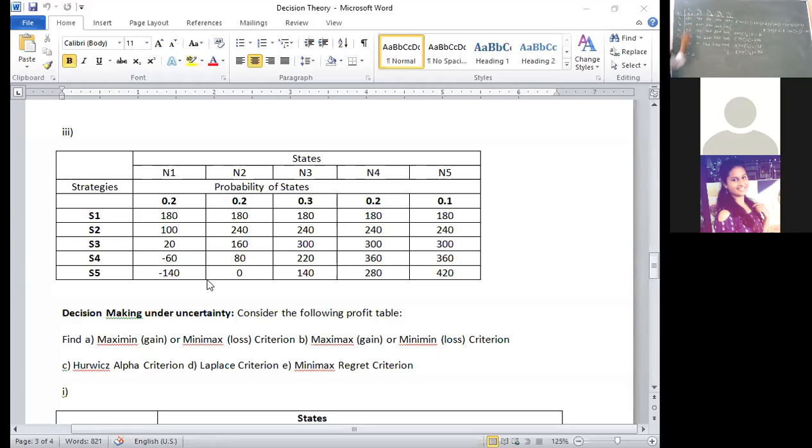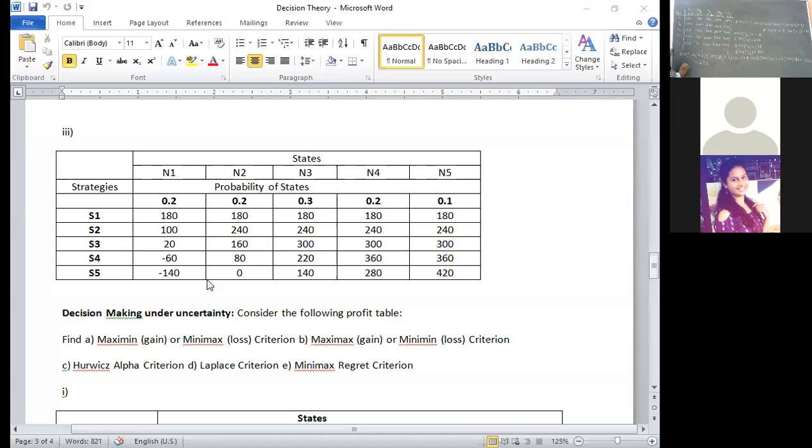In the first column, the maximum is 180, the corresponding probability is 0.2. 0.2 into 180 plus, in the second column, the maximum value is 240 into 0.2, plus, in the third column, the maximum value is 300, 0.3 into 300, plus, in the fourth column, the better payoff is 360, the corresponding probability is 0.2, 0.2 into 360, plus, in the fifth column, the better payoff is 420 into 0.1. Then you will get this value as 288.